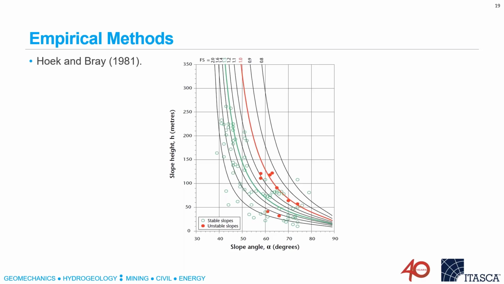Associated flow rules are those where the dilation angle is equal to the friction angle. So those are physically unrealistic. Very seldom do we have materials, in fact I don't know of any materials, where the friction angle and the dilation angle are the same. Typically, the dilation angle is something less than the friction angle. And then the question is, well, how important is that dilation in the analyses?